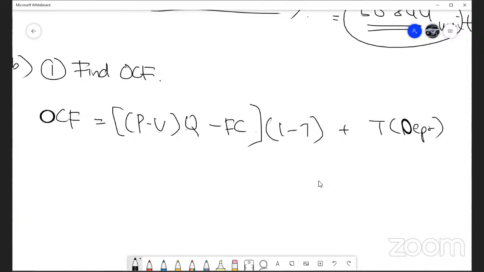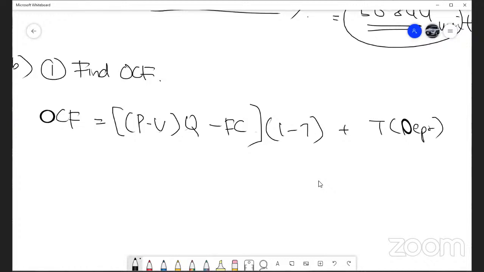Then plus your tax shield, your depreciation tax shield. So remember this formula to calculate OCF where the question gives you the quantity: price minus variable cost multiplied by quantity minus the fixed cost, multiplied by 1 minus the tax, plus tax times depreciation. This is the depreciation tax shield.